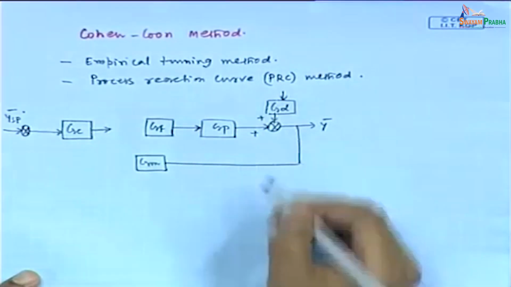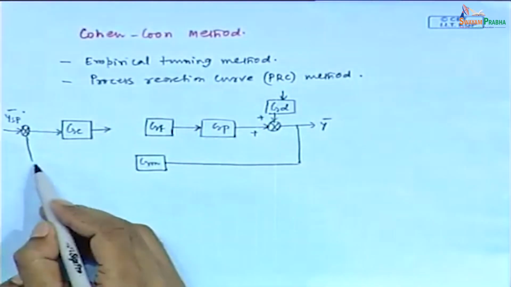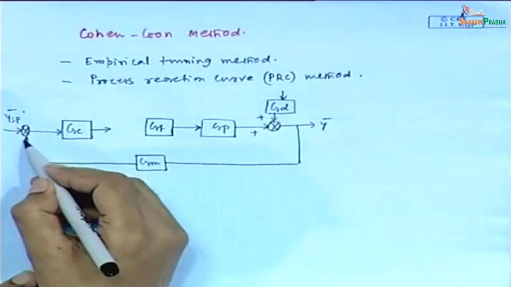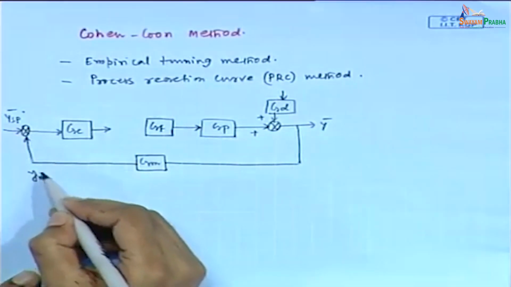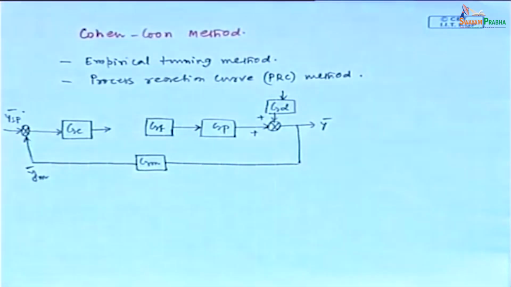This process output is connected with the block of measuring device, and the measuring device output is Ym bar. Fine.